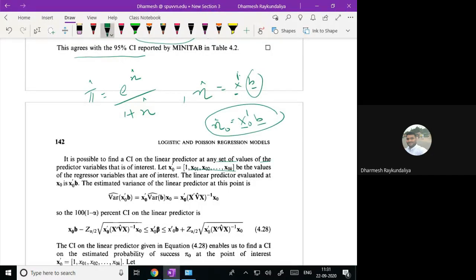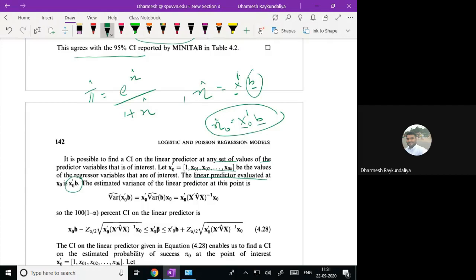Now you wish to develop the confidence interval for a linear predictor. So what should be the range of that? Of course, to calculate this, once you have x0 dash with you, you can calculate the linear predictor. How to calculate the linear predictor? It is x0 dash b.